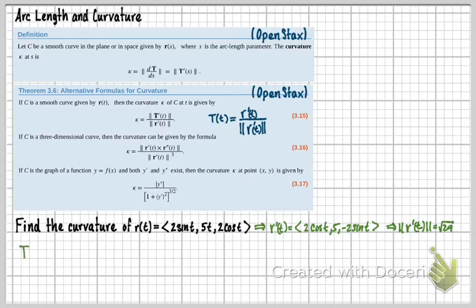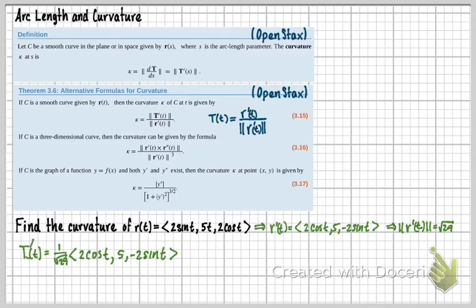So my T of t equals 1 over square root of 29 times the vector 2 cos t, 5, negative 2 sine t. Now we have to take the derivative of this thing here.